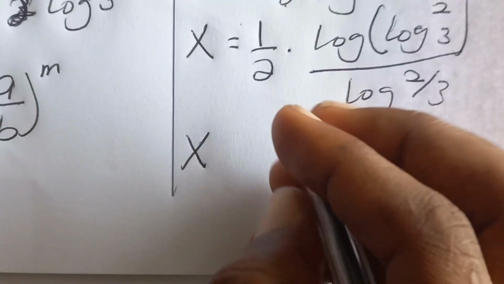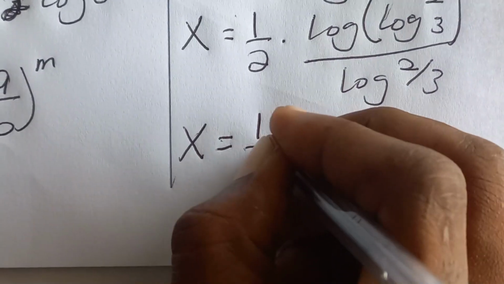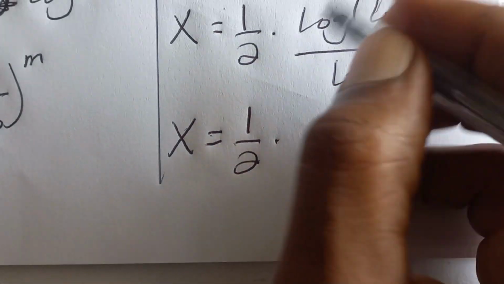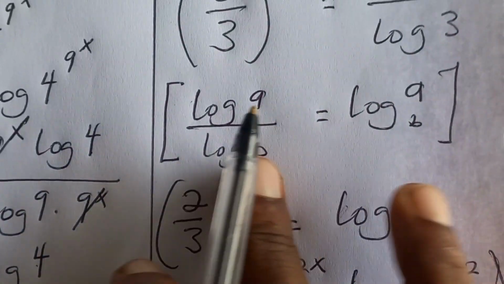So now our x is going to be half multiplied by, so this one we can change the base using this rule. Okay, using this.